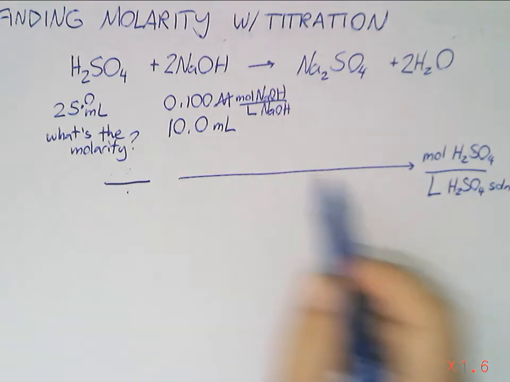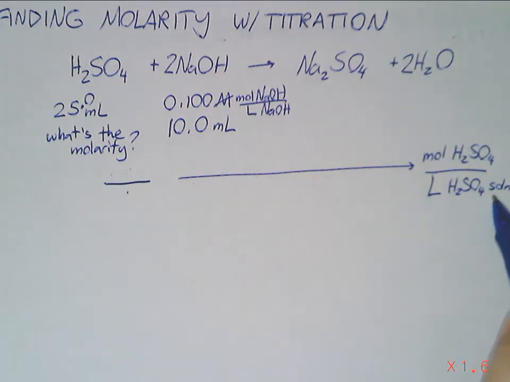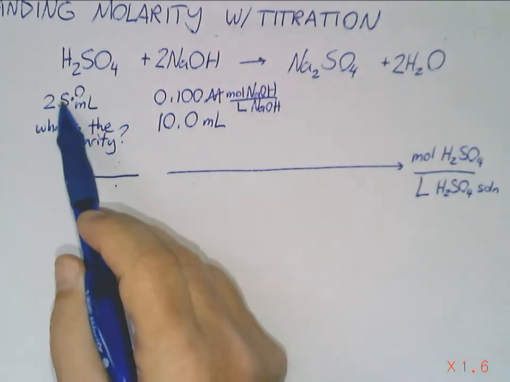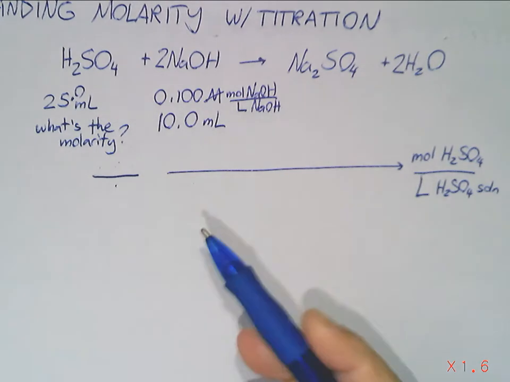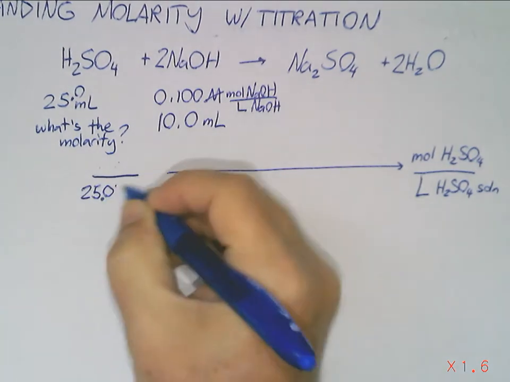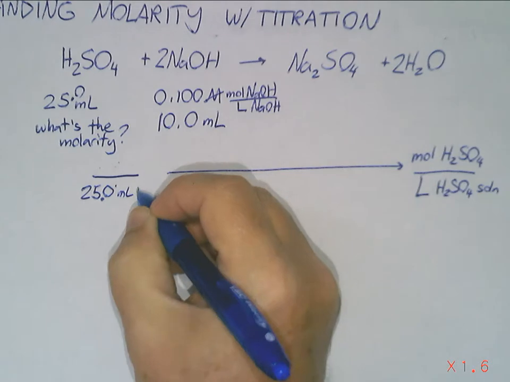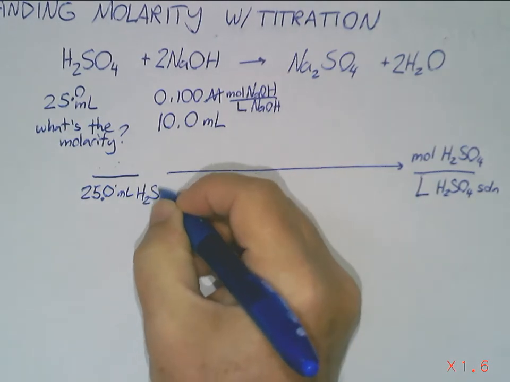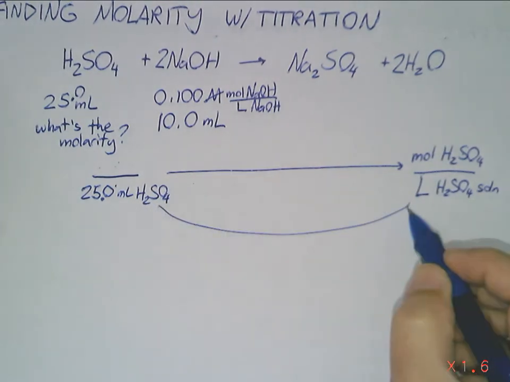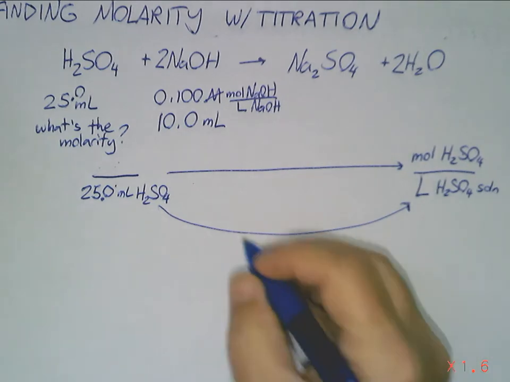Let's look at the 3 numbers that we've got, and what is the most similar to liters of H2SO4? Well, I have 25 milliliters of H2SO4. It would be fairly easy for me to turn milliliters into liters.